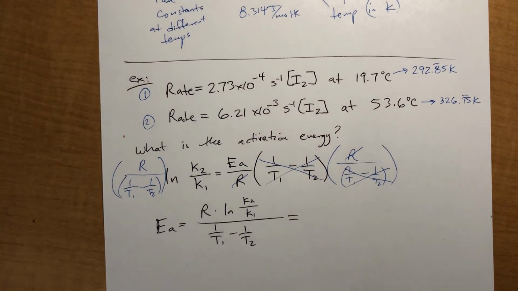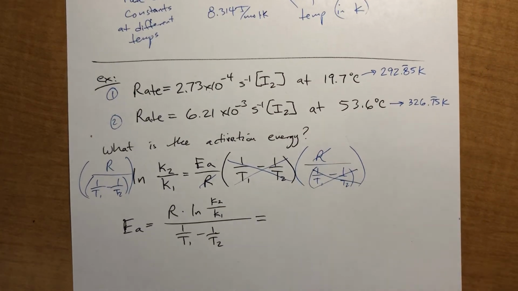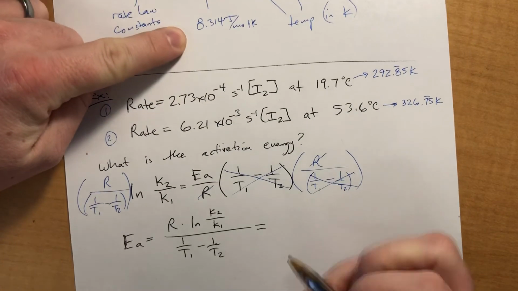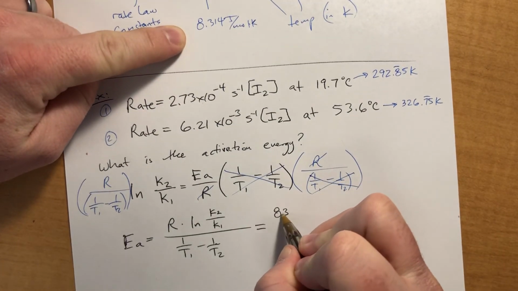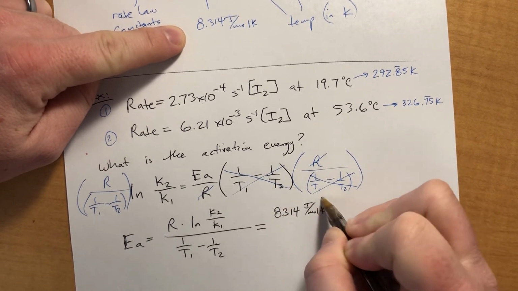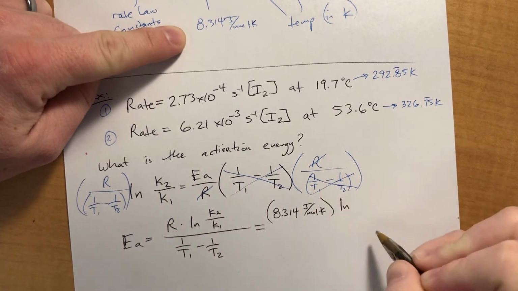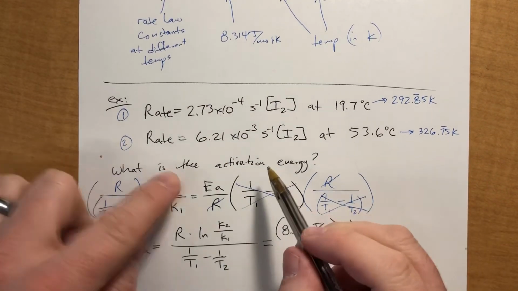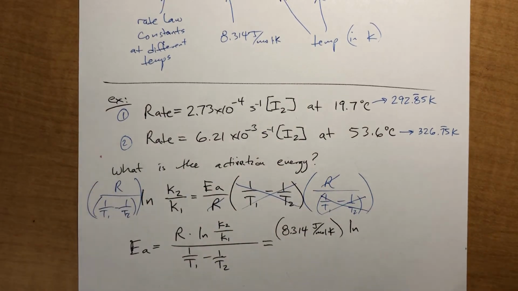Well, we have all of those numbers, so we plug them in. R is a constant, it's 8.314 joules per mole Kelvin. Natural log of K2 over K1. We said that the second reaction is going to be our 2. Again, it doesn't matter as long as you're consistent.